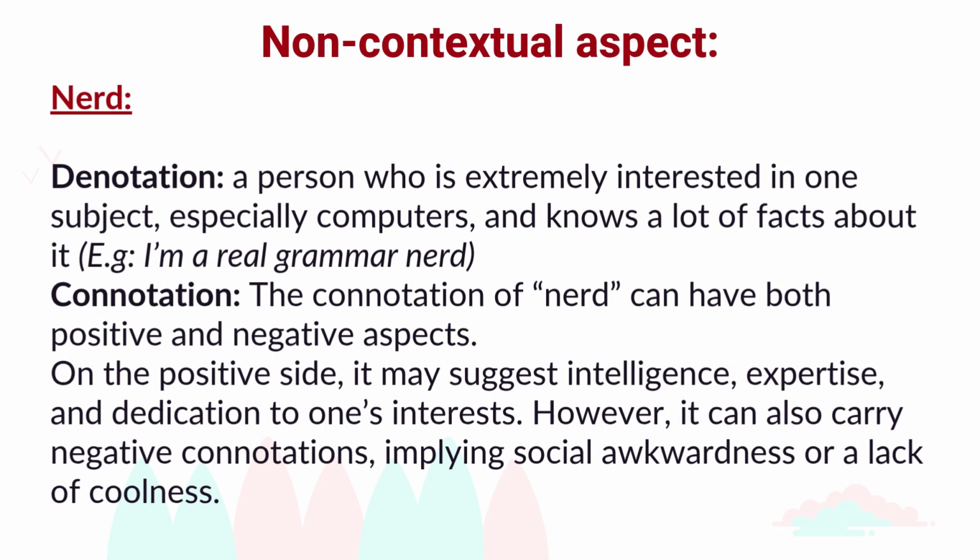Let's use the word "nerd." The denotation is a person extremely interested in one subject. However, the connotation can be positive, suggesting intelligence and expertise, or negative, implying social awkwardness.